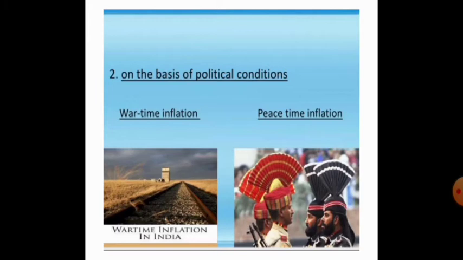Also, on the basis of political conditions, that is wartime and peacetime. When there is wartime, inflation increases because the army is fighting there, and here the people are supplying all the goods and services there.